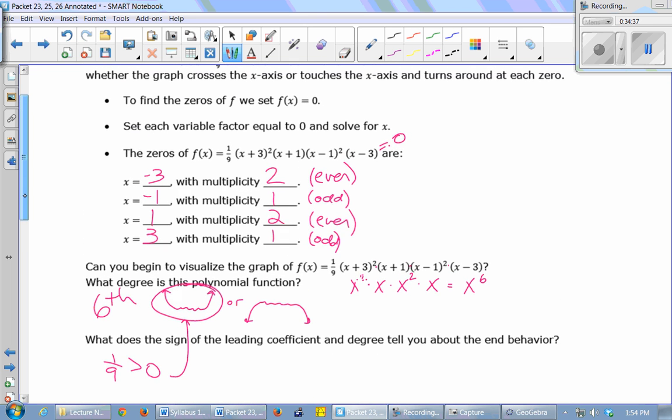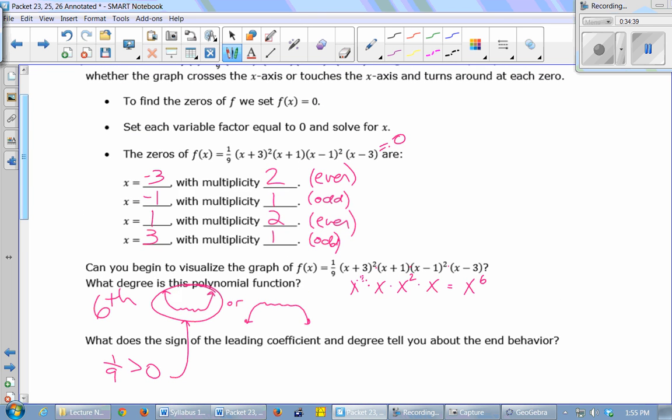So let's sketch what this graph looks like without using any kind of technology. I know its end behavior looks like this, goes up both ends. I know it has zeros at -3, -1, 1, and 3.